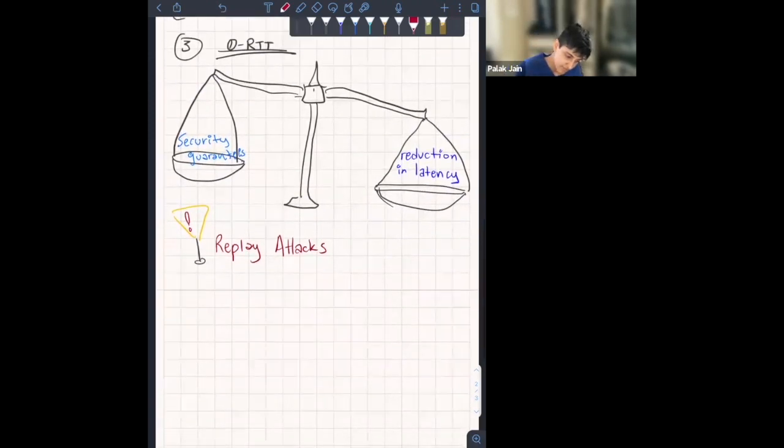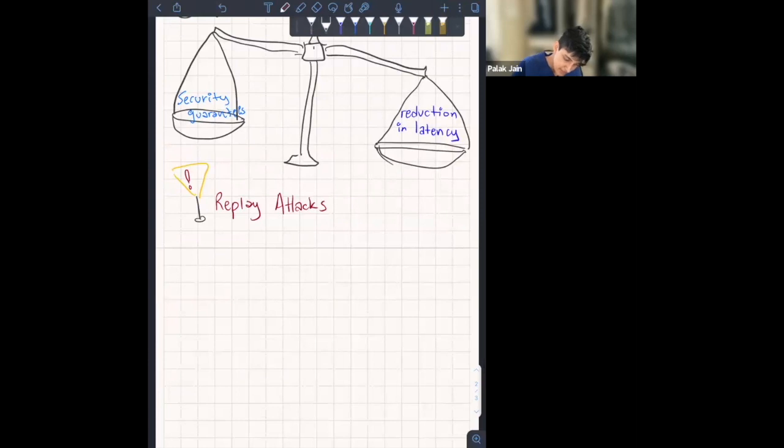So what's true is that we have to be careful about what we use 0 RTT for.